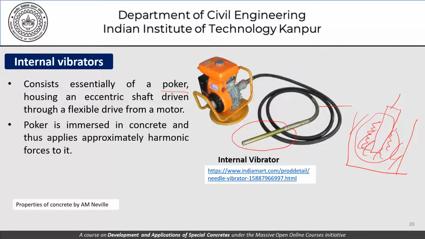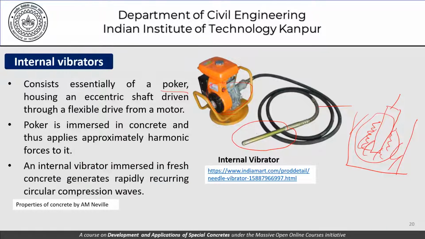The poker is immersed in concrete and thus applies approximately harmonic forces to it. Since the concrete is plastic, it deforms and the aggregates go into configurations which are more closed or more compact. An internal vibrator immersed in fresh concrete generates rapidly recurring circular compression waves.